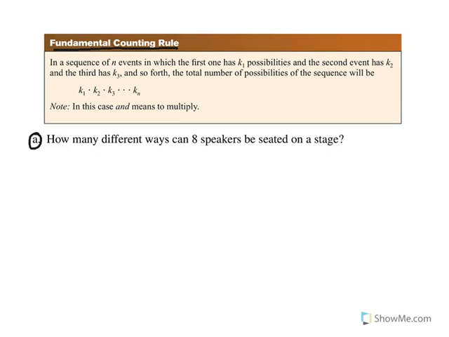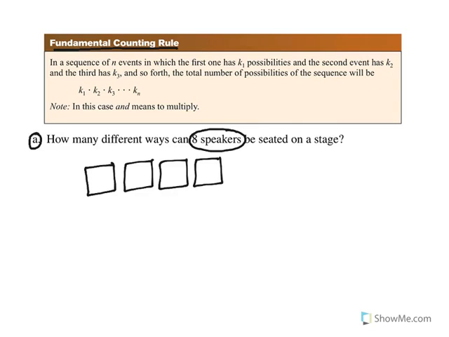So how many different ways can 8 speakers be seated on a stage? So you'll have 8 seats. Let's put them here. 1, 2, 3, 4, 5, 6, 7, 8 seats. And then you ask yourself, how many possibilities are for this seat?